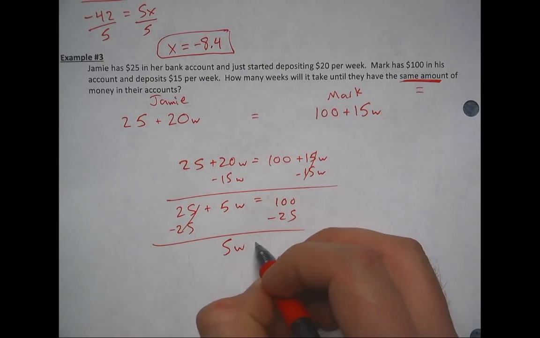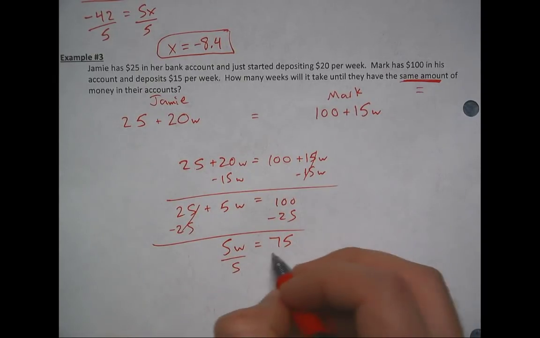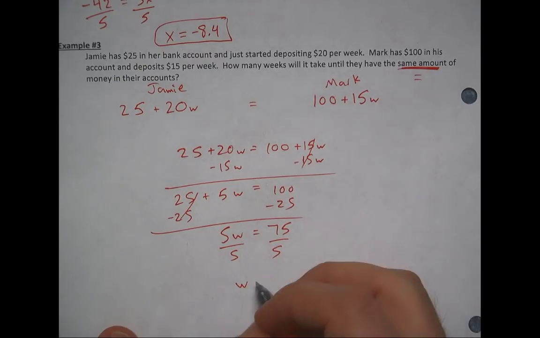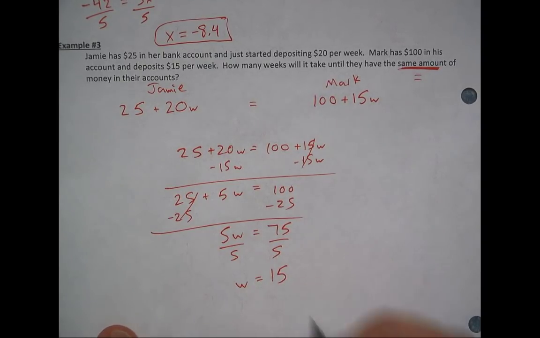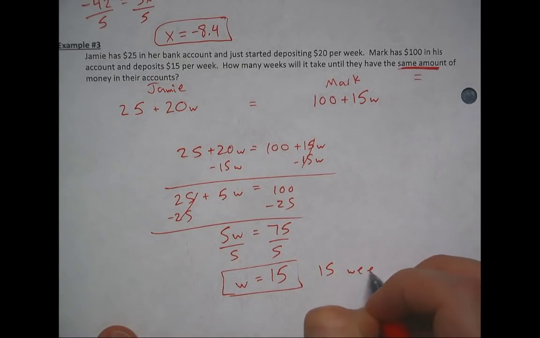And 5W equals 75. Divide by 5. 75 divided by 5 is 15. So to answer the question, if W equals 15, what does that mean? That's 15 weeks.